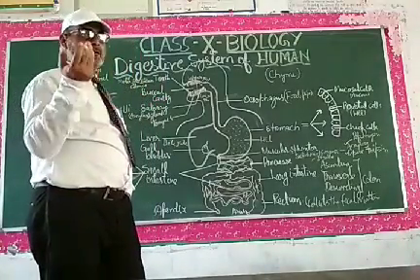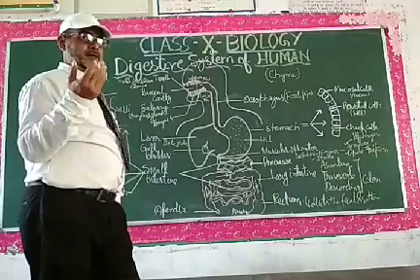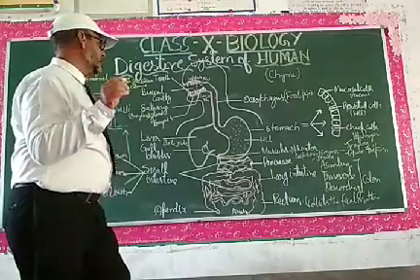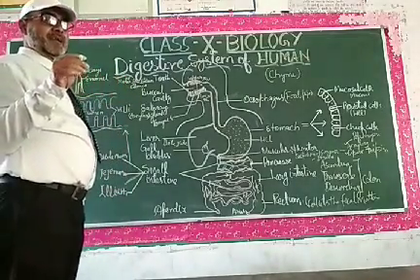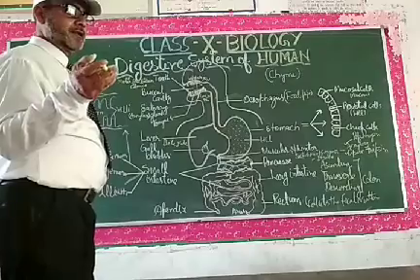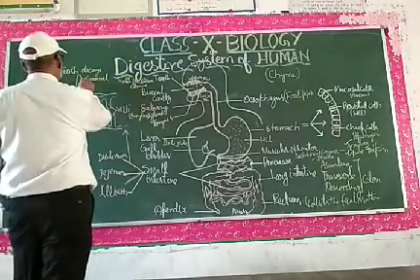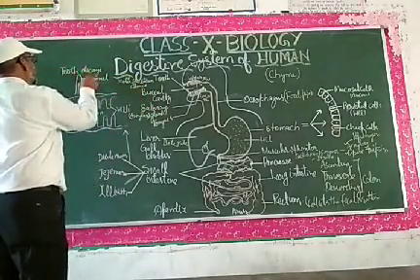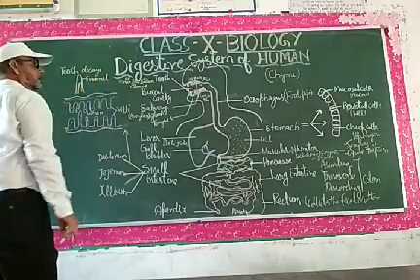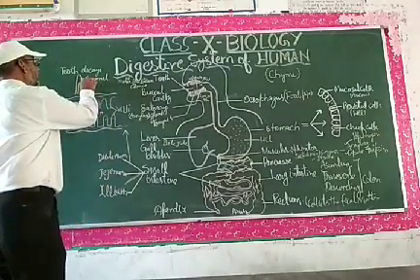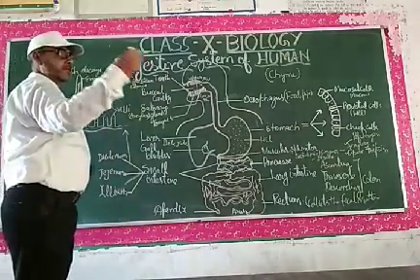When we eat sugar or chocolate or other sweet things, the bacteria present inside the mouth cavity decompose the sugar and produce acid, and that acid degenerates the enamel of the tooth, which results in tooth decay.